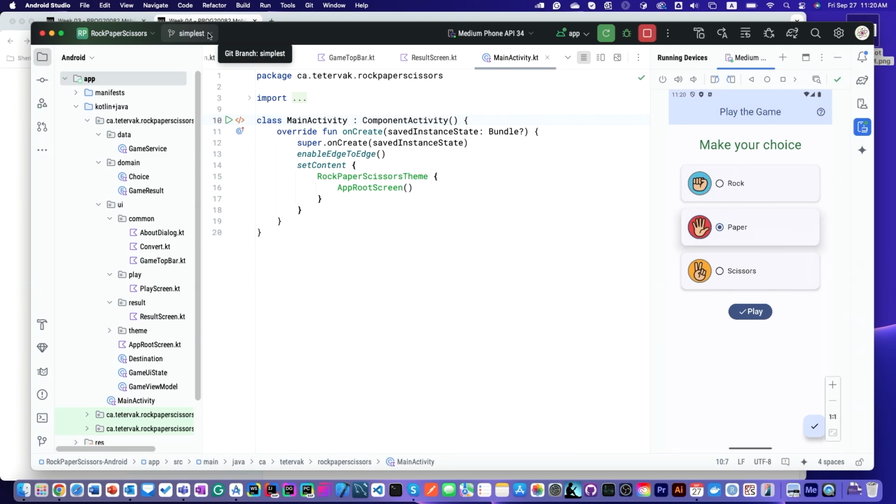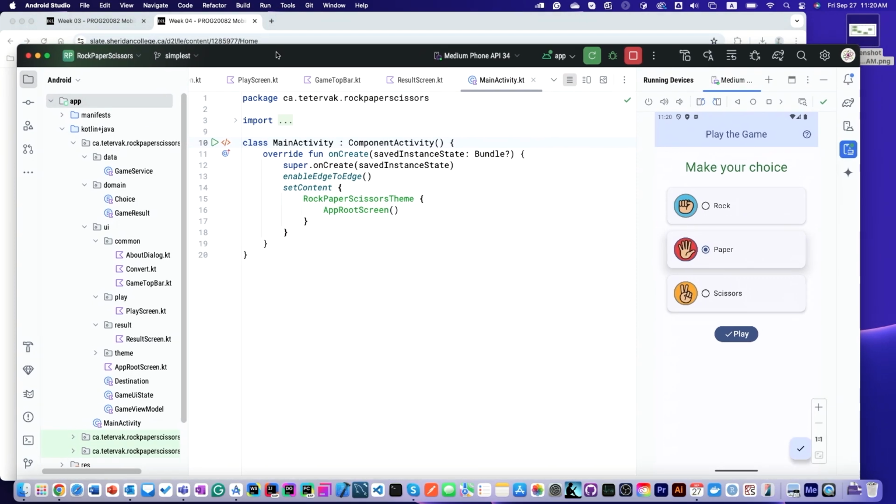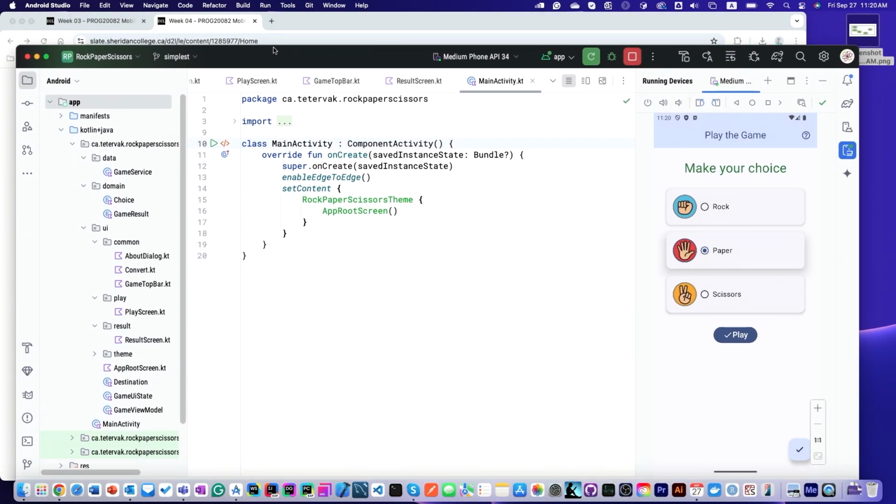But when you use a navigation framework, you definitely need to add libraries related to it. Otherwise, it will not work. Questions? So the next step is to explain how to do navigation with the navigation framework.